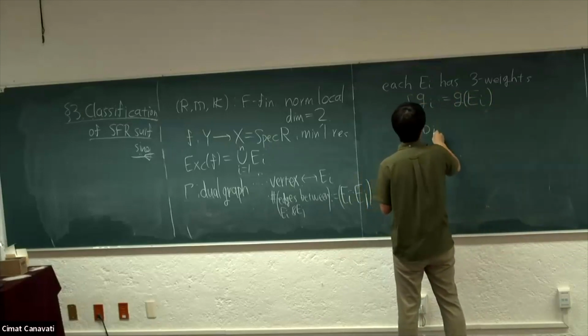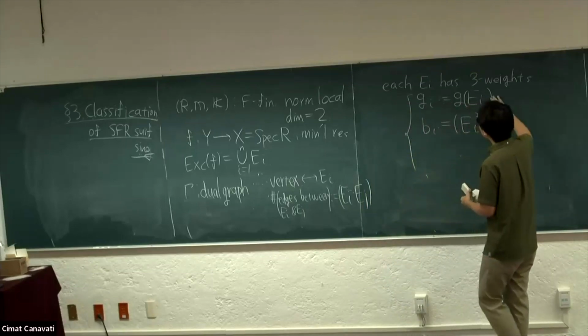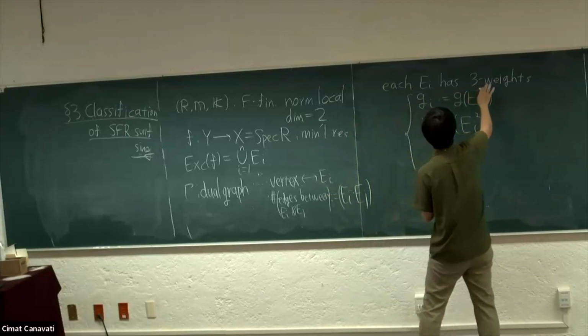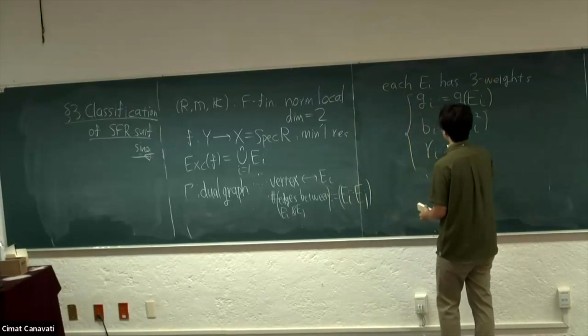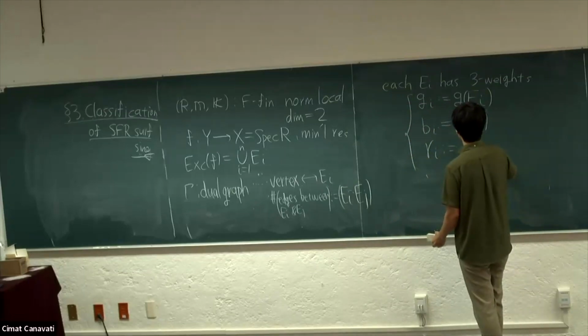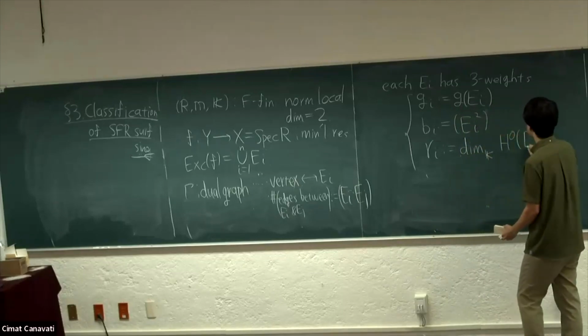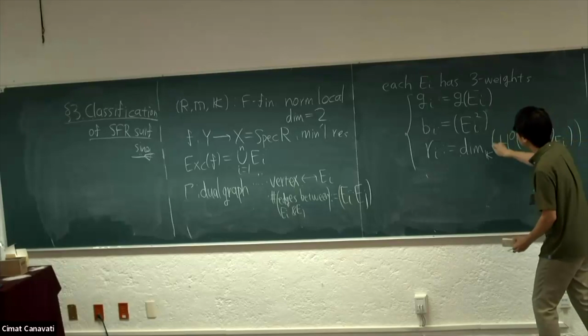And the second is the self-intersection number. So this is a classical dual graph. But in our case, we need another weight, which is r_i, defined like this.